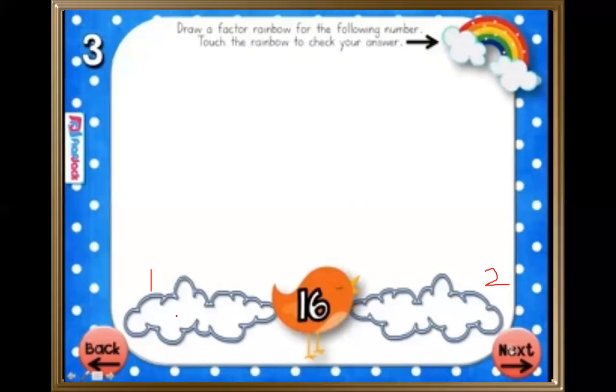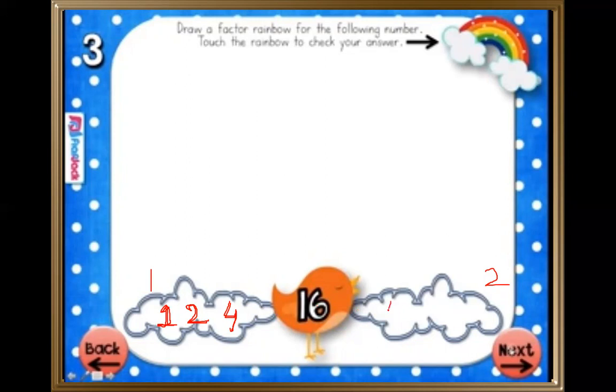In the first cloud, on the left hand side, I write the counting numbers, that is 1, 2, and 4. On the other side you write the numbers that are multiplied with these numbers to get the product 16.